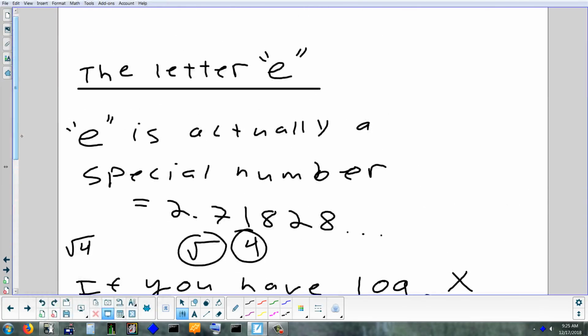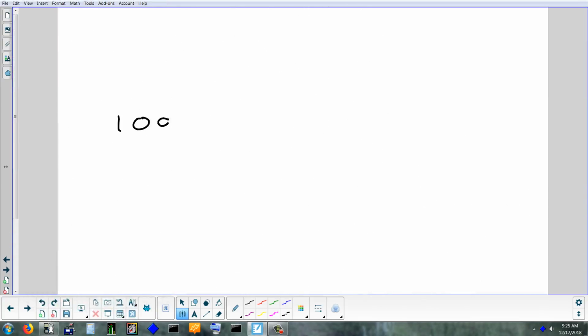Why can't you take the log of 0? Well, think about if you had something like this. The log of 0. And you change that to exponential. All right? Watch what happens. 5 is the base. X is the exponent. Equals 0. What power could you raise 5 to? Nothing. It's impossible.